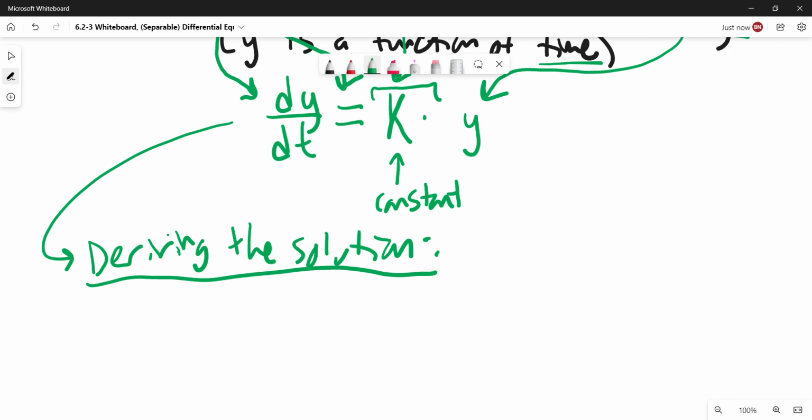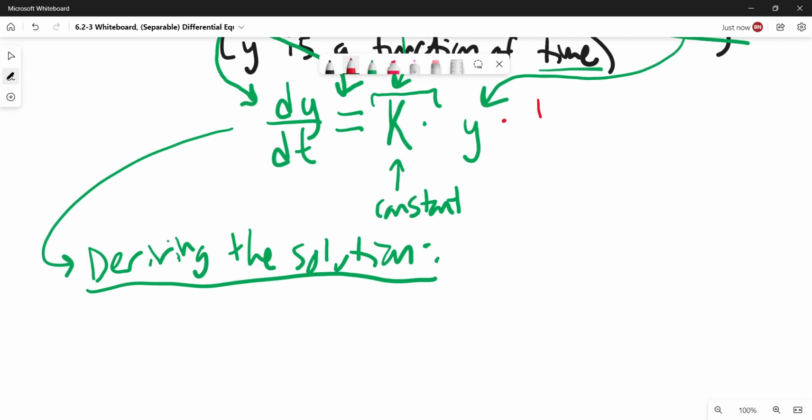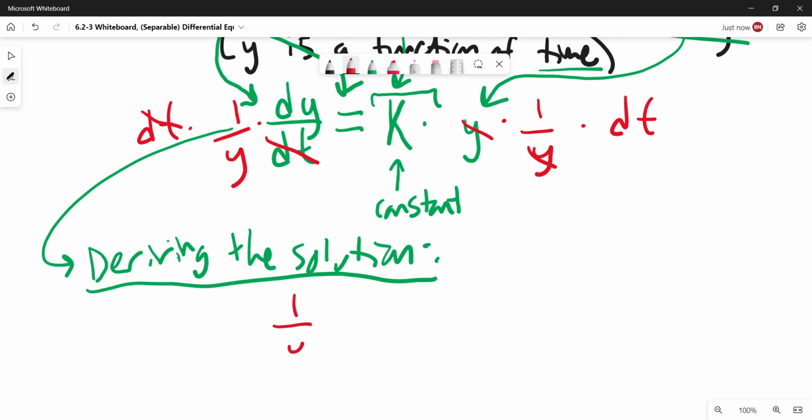So I'm going to multiply this by 1 over y, so that goes away, and then the dt I need over here, so times dt. So I'm going to have 1 over y dy equals k times dt.